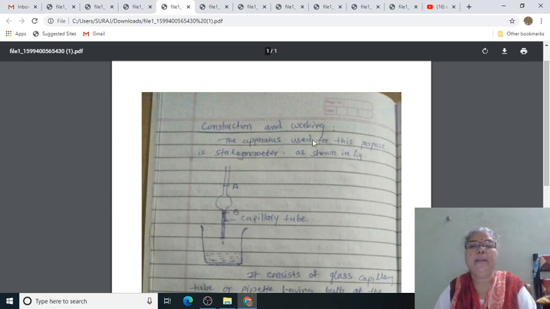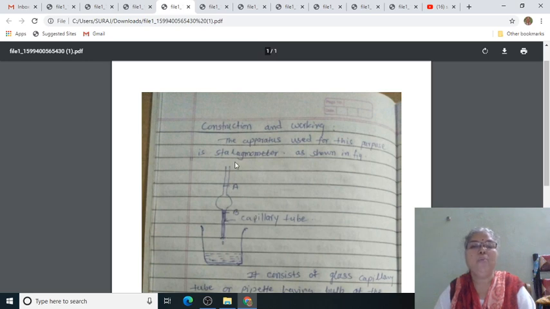Here the apparatus used for this method is the stalagmometer, and the diagram of the stalagmometer is very simple. It is just like a pipette having one bulb at the upper end, and this bulb is provided with a capillary tube.